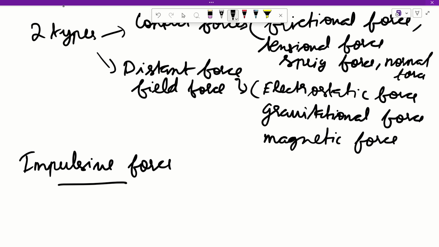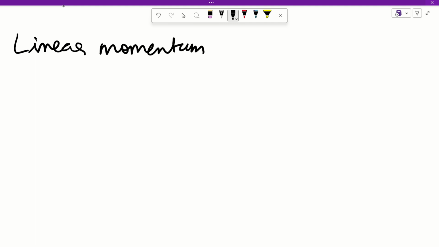The next topic we need to know is linear momentum. The total amount of motion present in a body is called momentum. Linear momentum of a body is equal to the product of its mass and velocity.